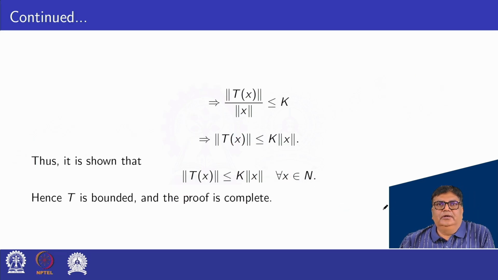This implies that norm Tx is less than or equal to k norm x, that is, by cross multiplication. Thus, it is shown that norm Tx is less than or equal to k norm x for all x belonging to N. Hence, T is bounded and the proof is complete.